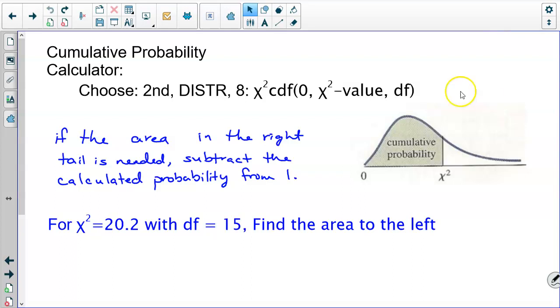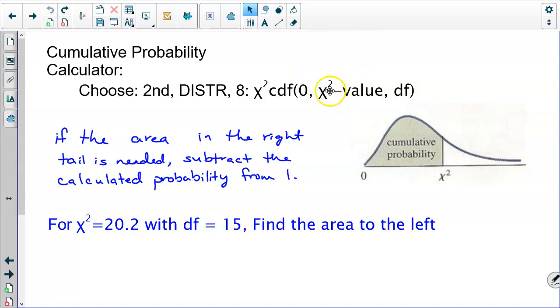But with the t-distribution, the lower limit was negative 1e99. That's because that distribution technically goes forever to the left and forever to the right, okay? But for chi-squared, it's non-negative, meaning the lowest value is 0. So that's why the first value is 0 here.